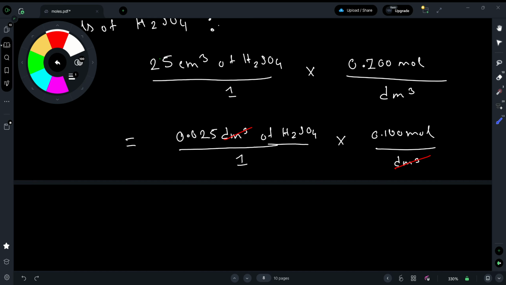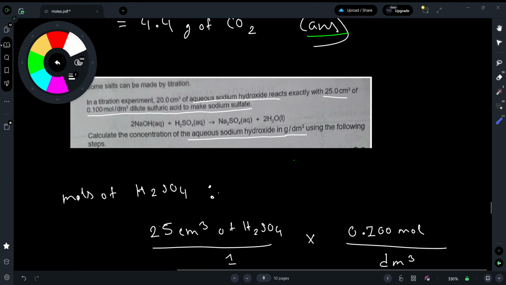So 0.025 into 0.100 equals 0.0025 moles of H2SO4.